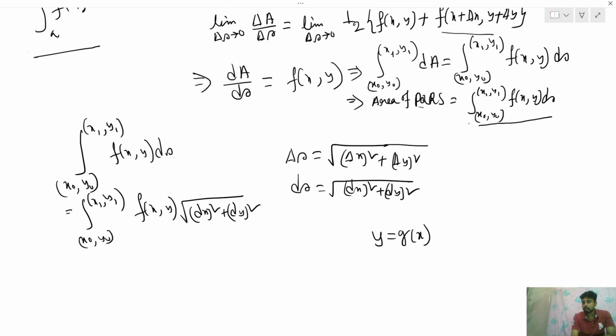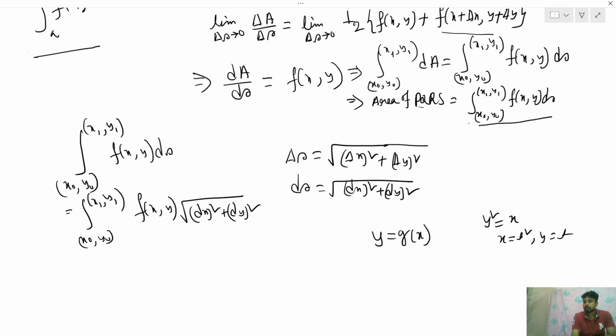Suppose we consider the given curve is y squared equal to x. So the parametric equation of this curve will be x equal to t squared, y equal to t.